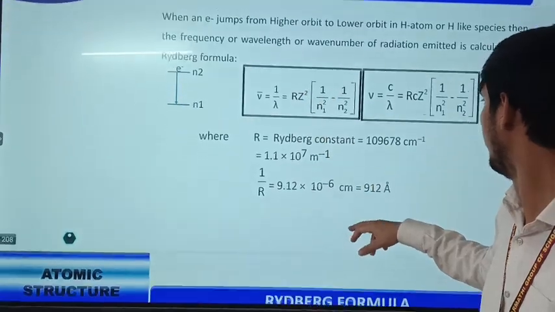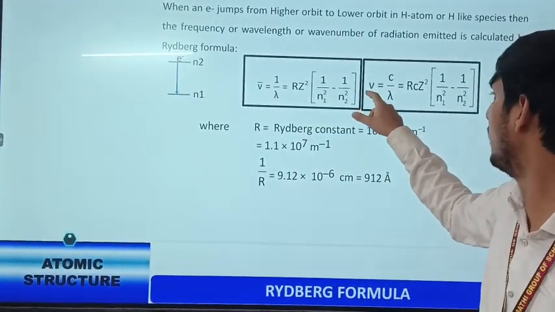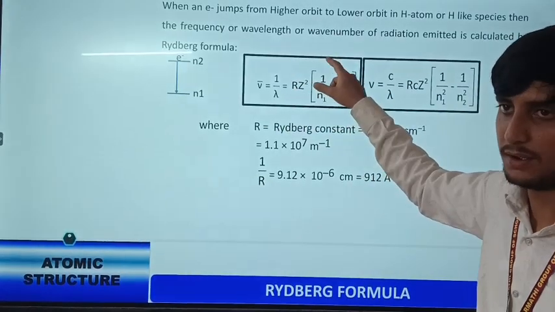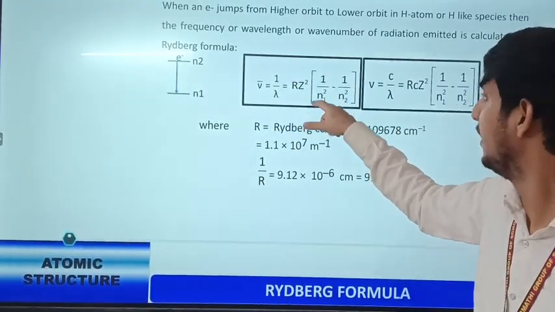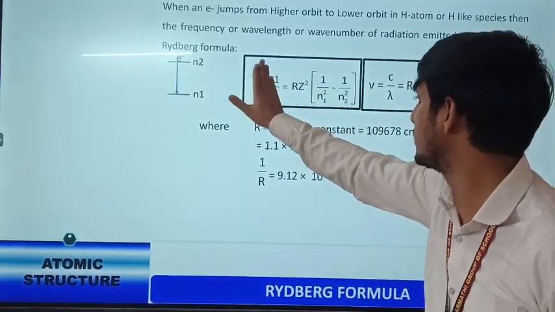Rydberg formula. First formula: 1 upon lambda equal to R Z square into (1 by N1 square minus 1 by N2 square). First, remember this formula.